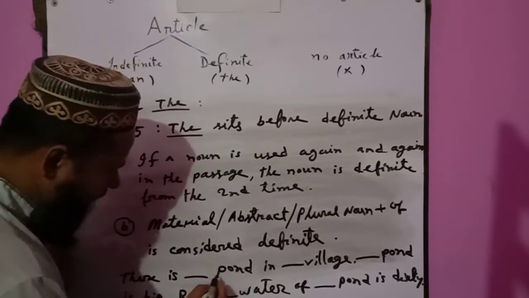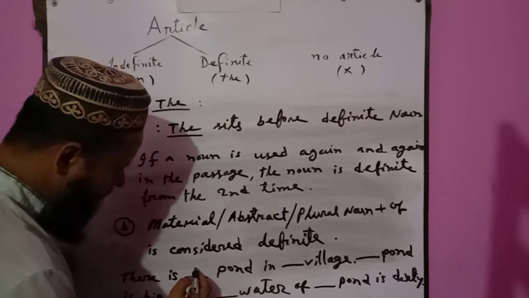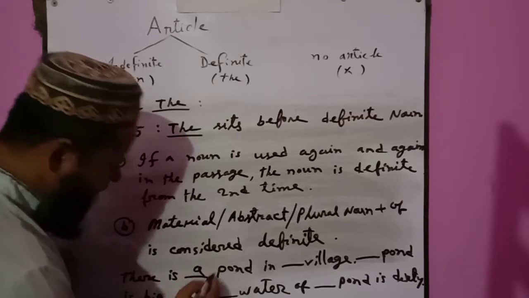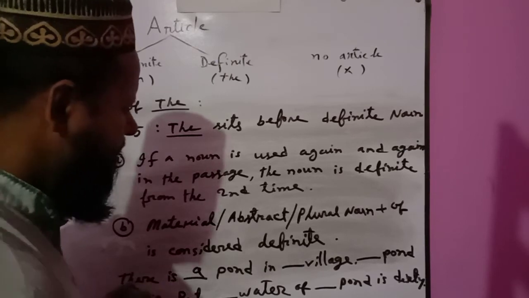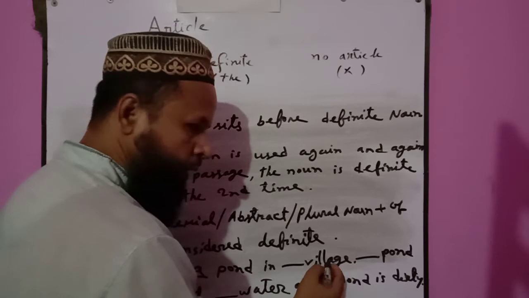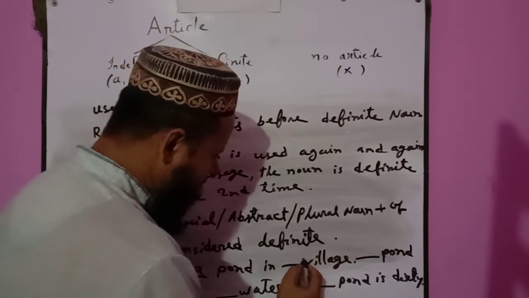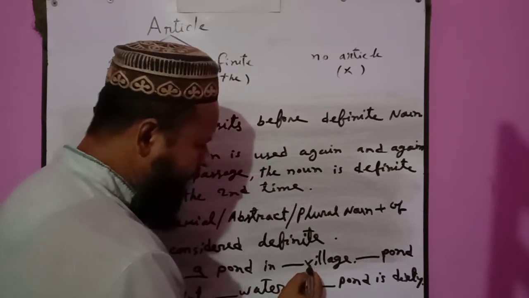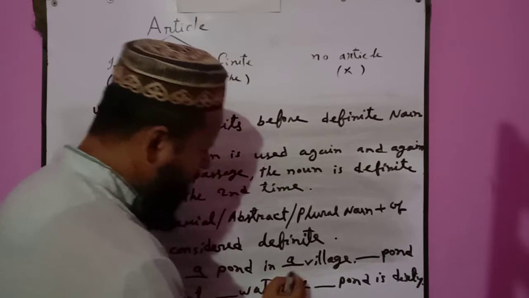So we shall use a or an before indefinite noun. As P is consonant, so we shall use a before pond. Similarly village. It also comes for the first time in the passage. So we should use a or an. As V is consonant, we shall use a before village.